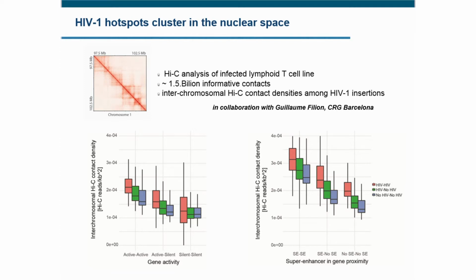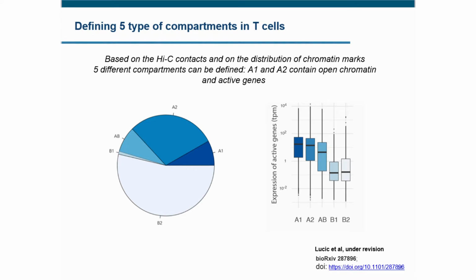And the details of this analysis have been actually revealed because Guillaume did a lot of ChIP-seq data analysis, and he defined basically 5 types of chromatin. So there are 2 A compartments, so compartments in which genes are expressed, and 3 compartments in which genes are not expressed mostly.